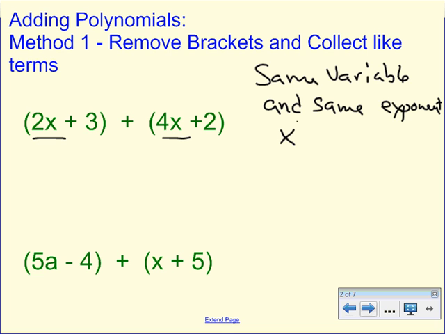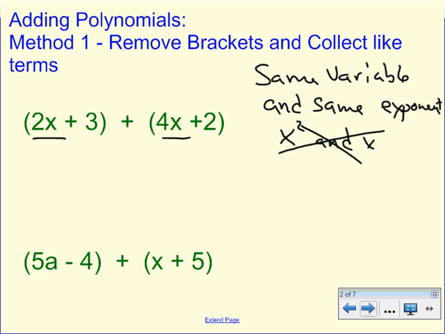So x squared and x are not like terms. It has to have the same variable and has to have the same exponent. So for my first method, I'm going to remove the brackets and I'm just going to collect the like terms.